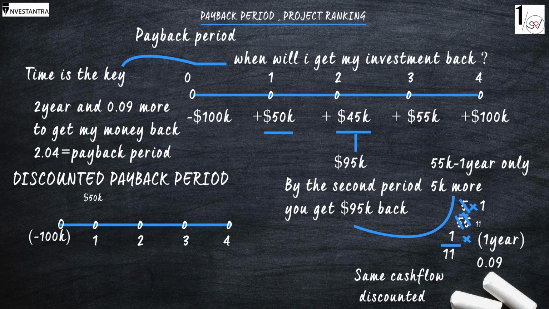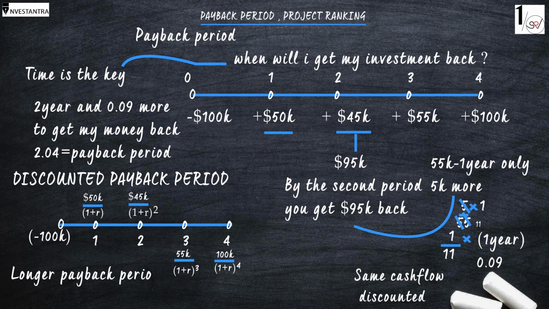This 45K, I will discount it by 1 plus R whole square. This 55K, I will discount it by 1 plus R whole cube. This 100K, I have to discount it by 1 plus R whole to the power 4. So you will get a longer payback period, right? Amount of time to pay back.